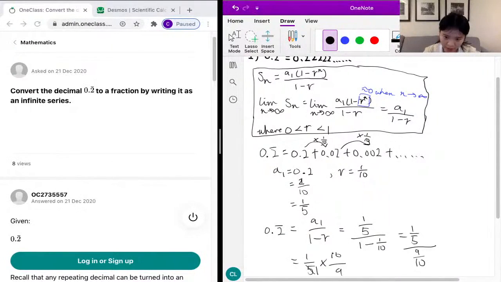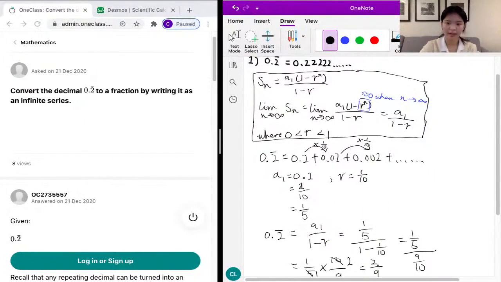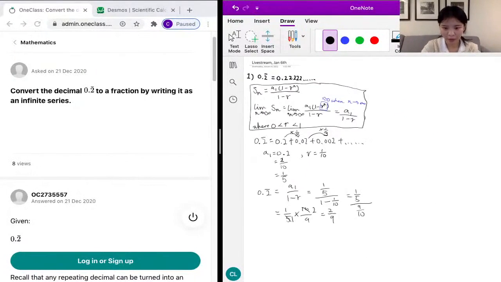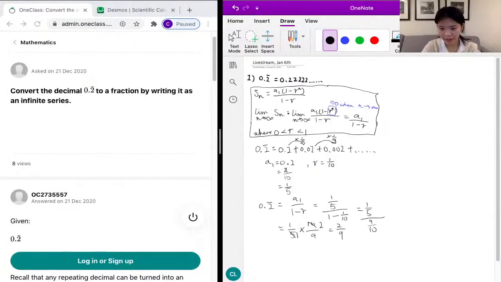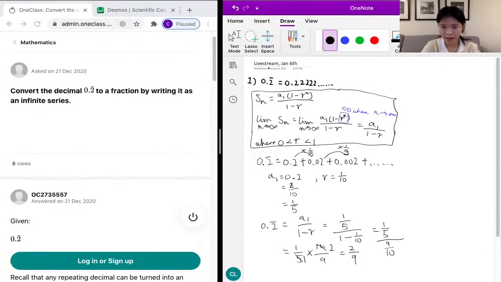Simplifying, the result is 2/9. So to write 0.2222 as a fraction using a geometric series, this is the process we follow, and 0.2222 has the same value as the fraction 2/9.